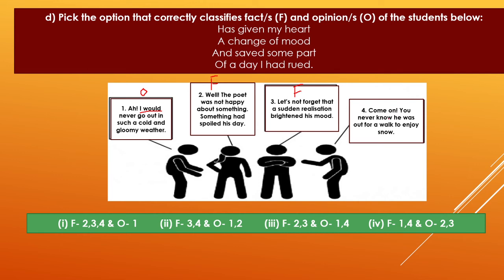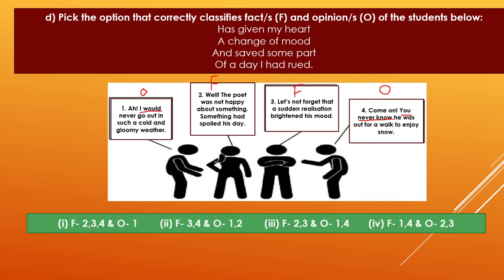Now next is: come on, you never know, he was out for a walk to enjoy snow. So you never know that he was there. This is again an opinion, because this student is giving his views, or what he thinks the poet might be out for. Now let's see the options. Option 1 says 1 and 4 should be opinion and 2 and 3 should be facts.